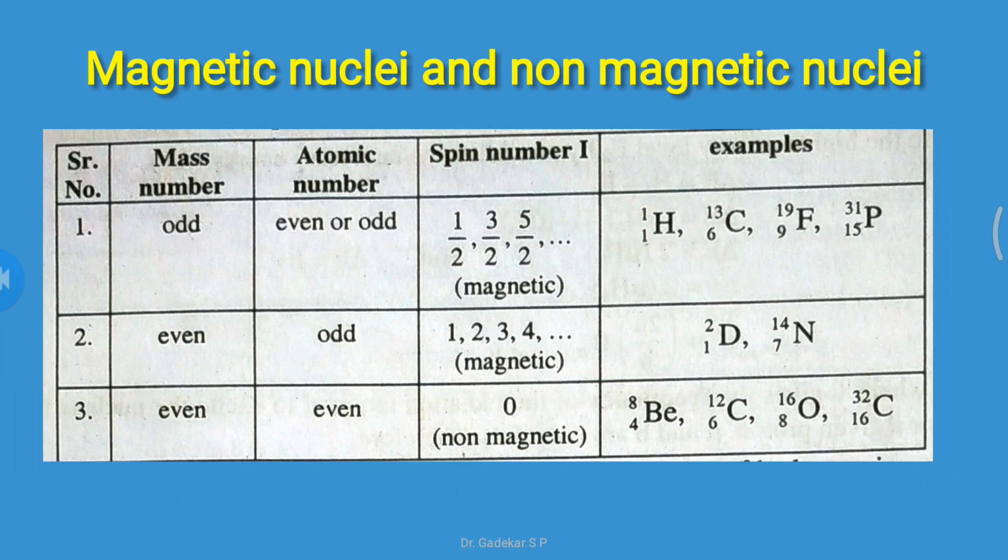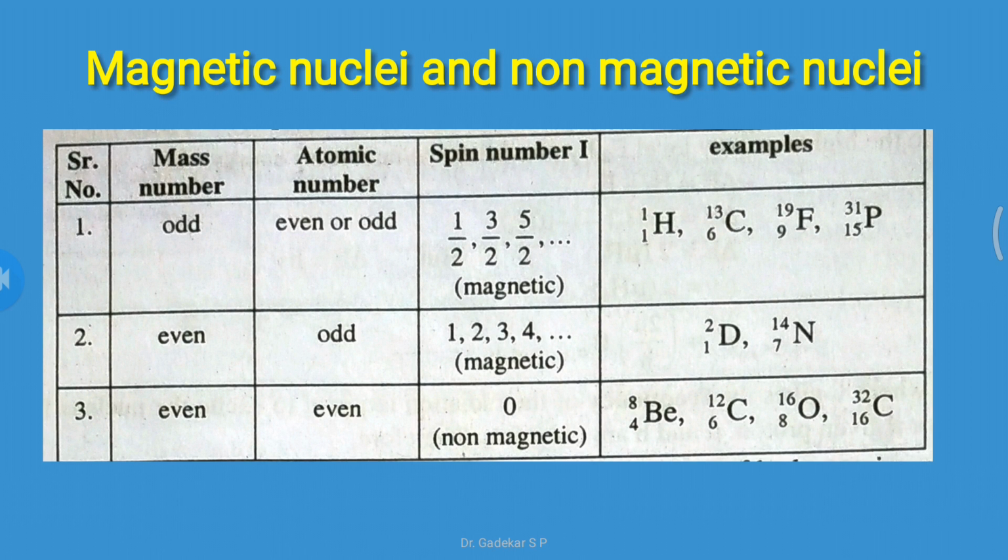Suppose deuterated nuclei D2, N14. This is an even mass number and odd atomic number, so they are also magnetically active.